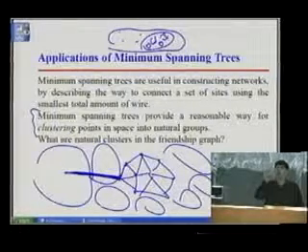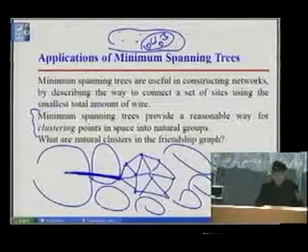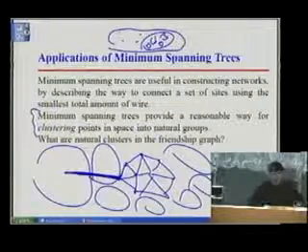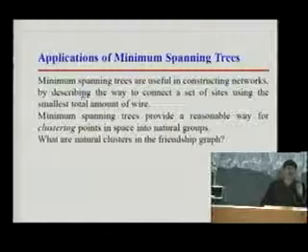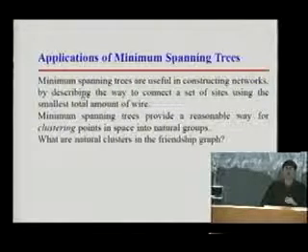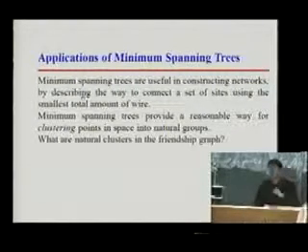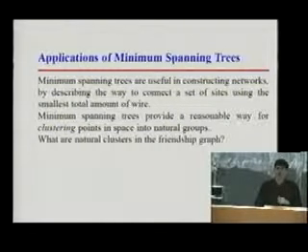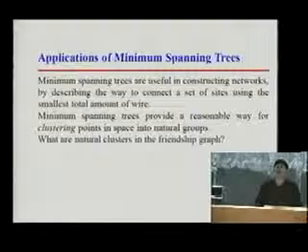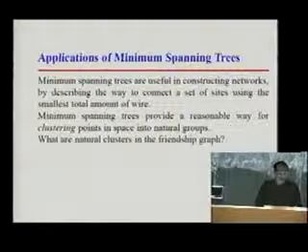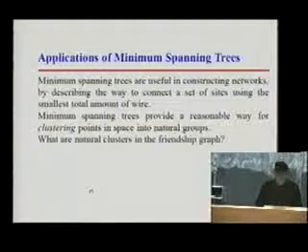Well, we have minimum spanning trees. What would the minimum spanning tree of the friendship graph look like if we had the minimum spanning tree of a graph where people who were close had small edges, and people who didn't like each other or didn't know each other had heavy edges? What would we think the minimum spanning tree would look like?